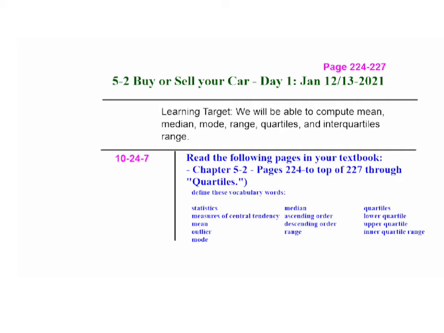So, for instance, outlier, median, ascending order, descending order are all going to be in example 2. Certainly, if you don't want to write down all these words, you can write them down as they come up as we progress through the lesson. Go ahead and write down what you need to, and then we will proceed to the reading. Hit play when you're ready to go.